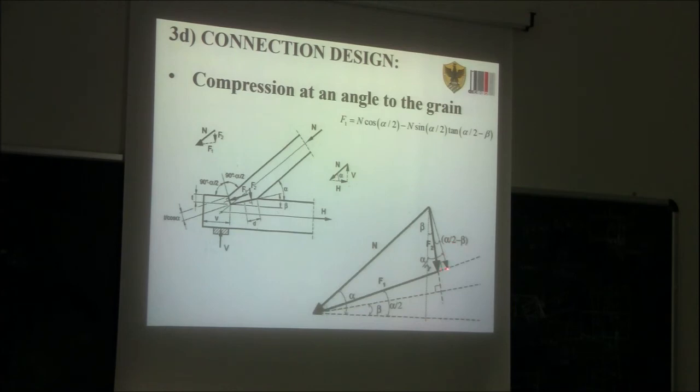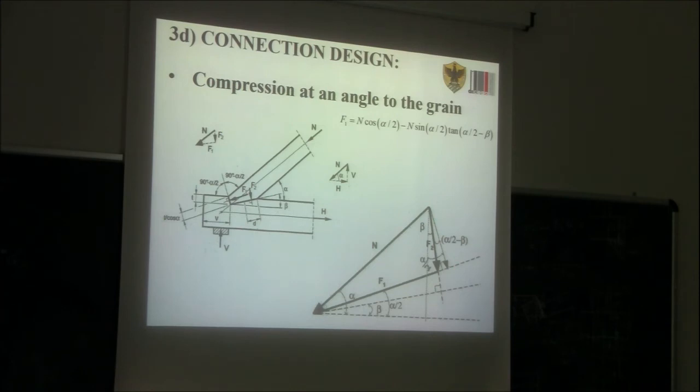So this length will be this length here times tangent of alpha divided by 2 minus beta. Now, this length, if you consider the big triangle, would be N times sin of alpha divided by 2. So N times sin of alpha divided by 2 times tangent of alpha divided by 2 minus beta. So we need to be a bit careful on considering all the angles in this triangle here. Okay?